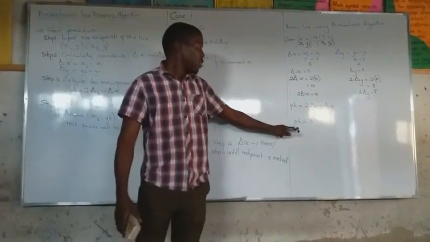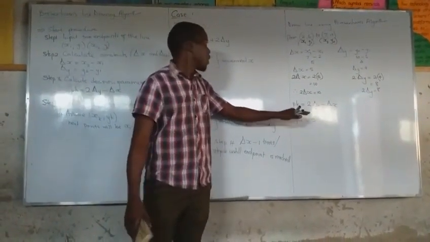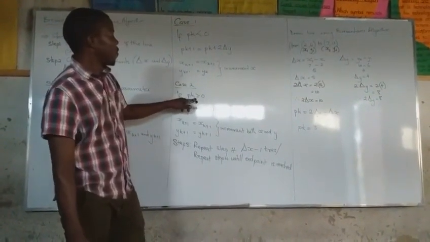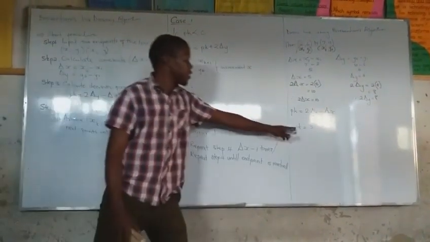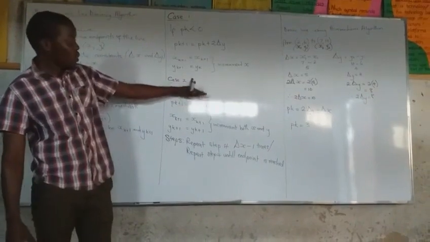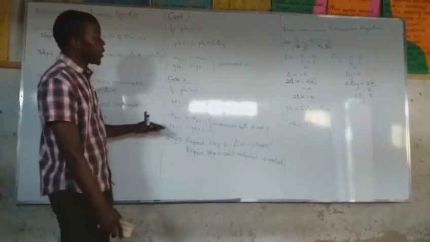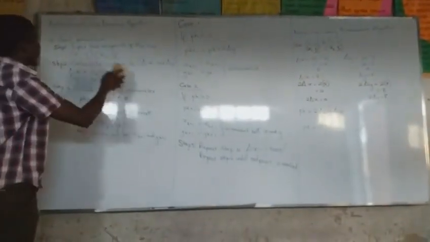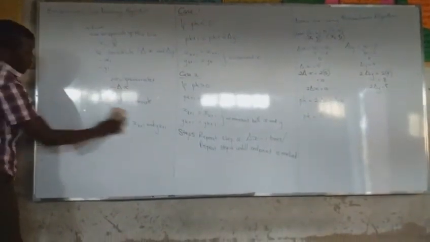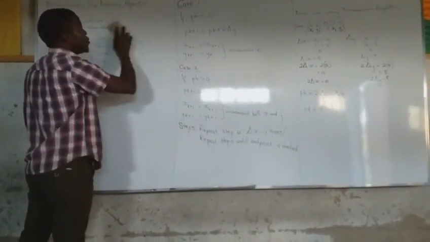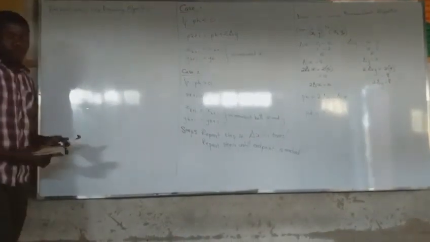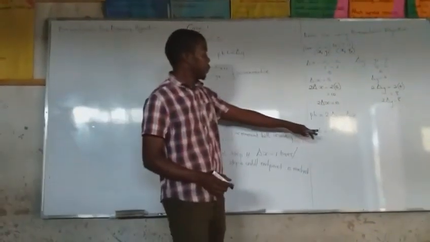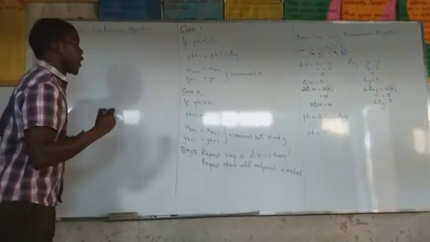So in this case, our decision parameter is 3, therefore it is greater than 0. So we are using case number 2 to calculate our next values for x and y.